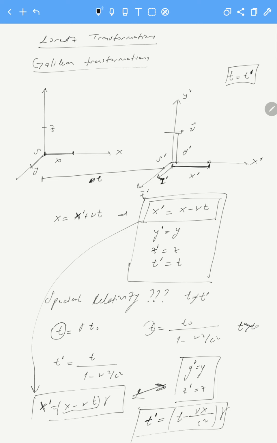How do we actually derive this? Let me have another page, and then we are going to write this.